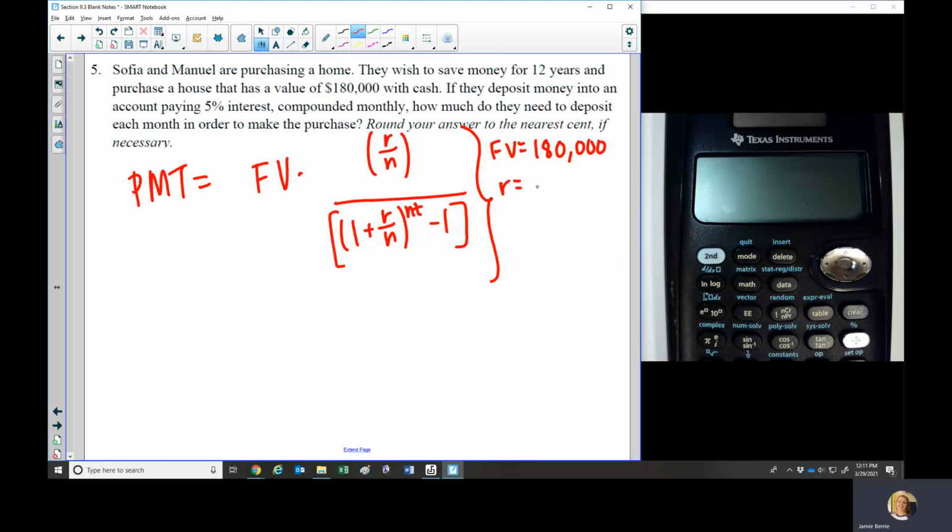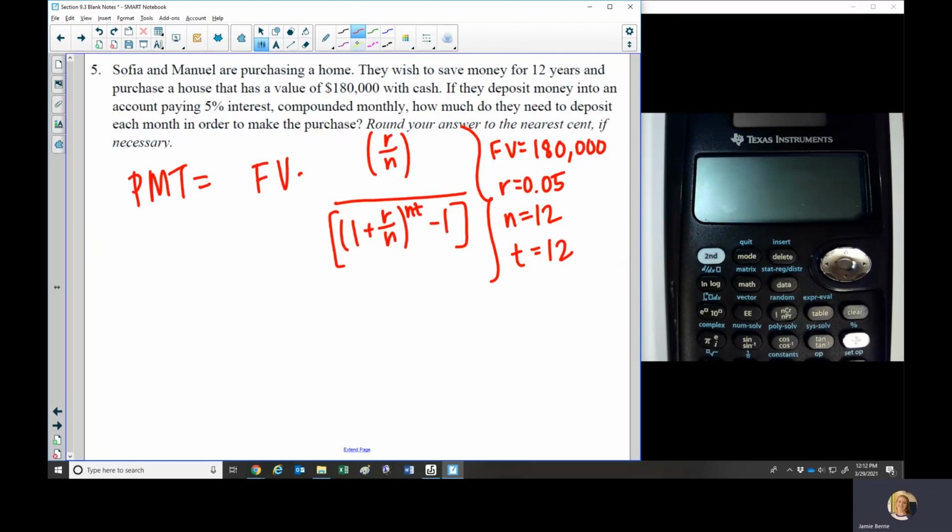Their interest rate, R, is 5%, so 0.05. This is compounded monthly, so N is 12. And they're going to save for 12 years, as it said up here at the top.